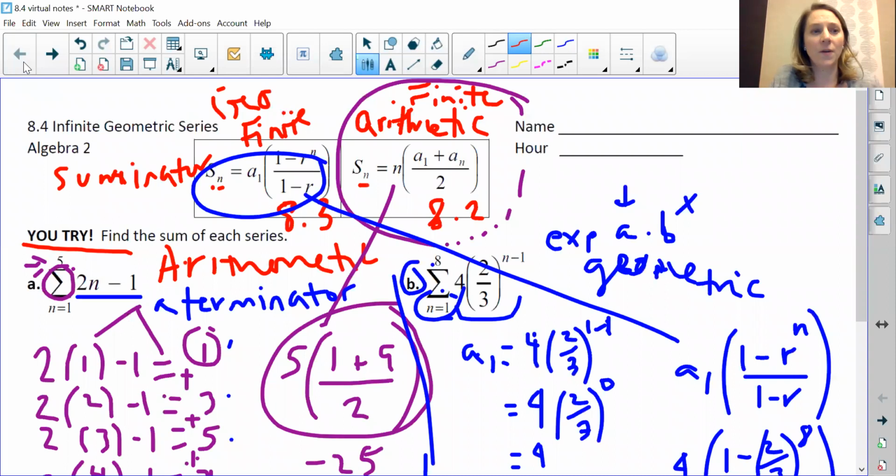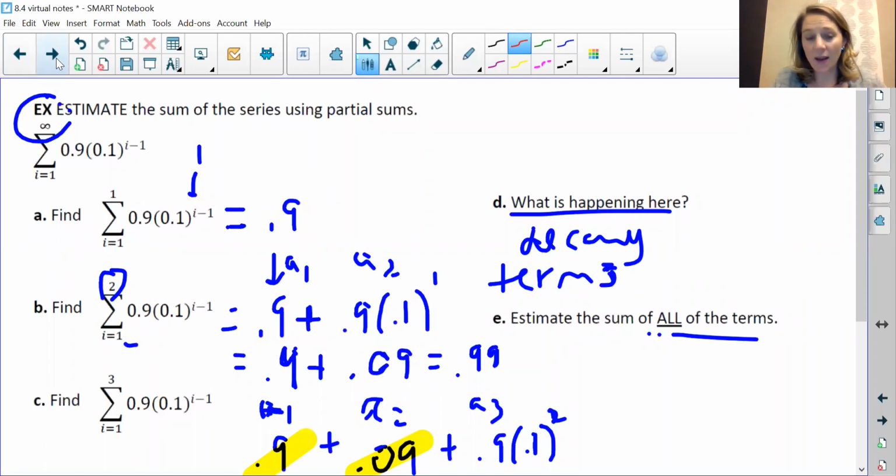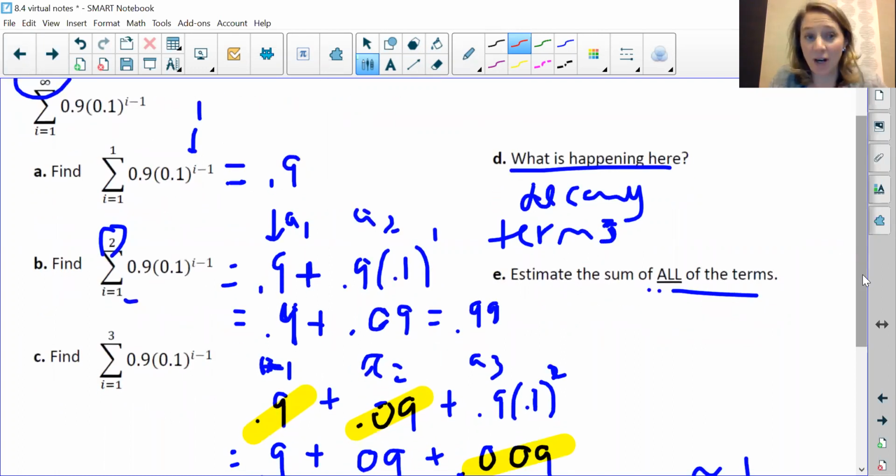All right, let me pull up this. If you're just tuning in, we did the warm-up, reviewing 8.2 and 8.3, and then we figured out by finding finite sums that this only works for geometric series that also have a ratio less than 1, which means it was like an exponential decay type of scenario.